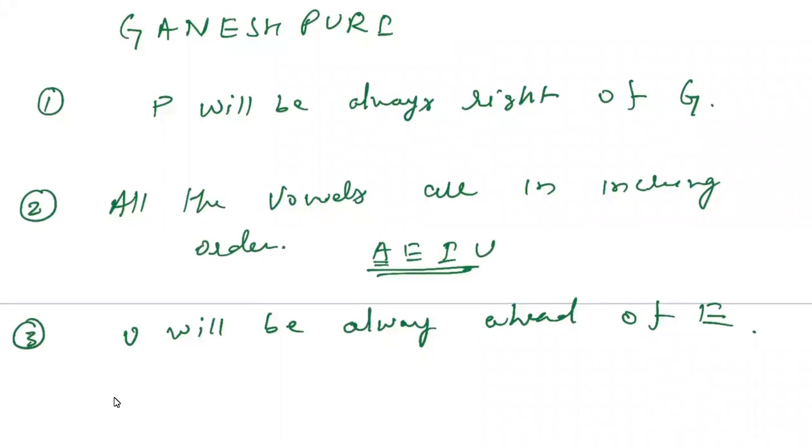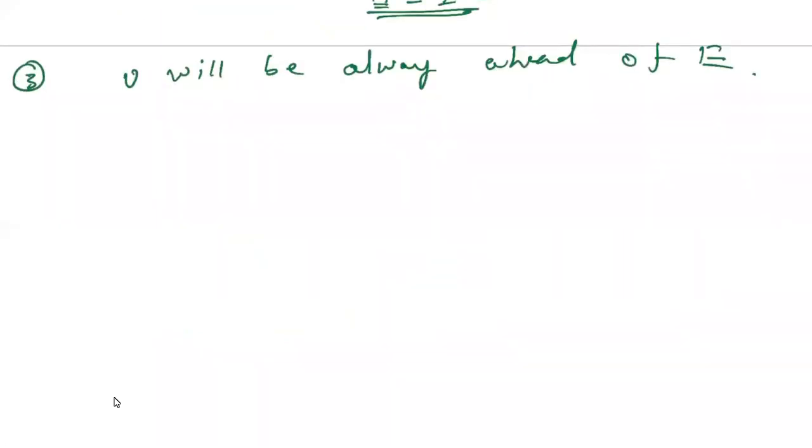First case, P will always be right of G, not necessarily consecutively, right? Maybe it can go 2, 3, and 4 ways.